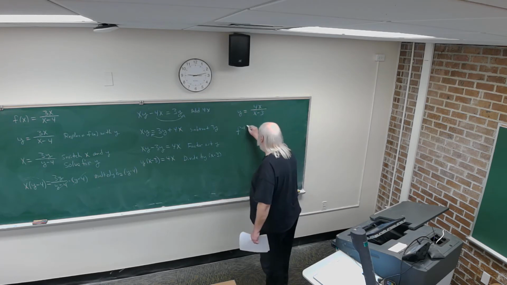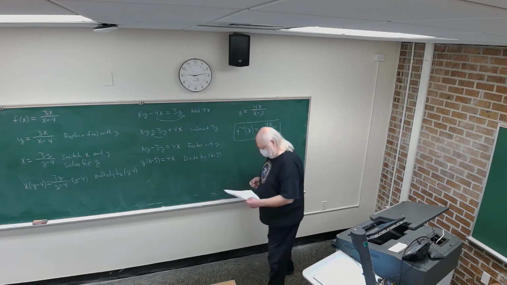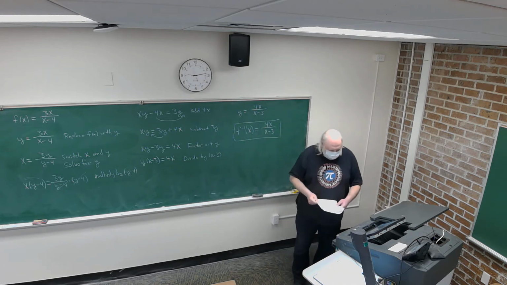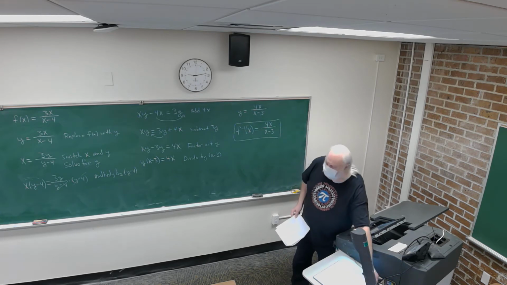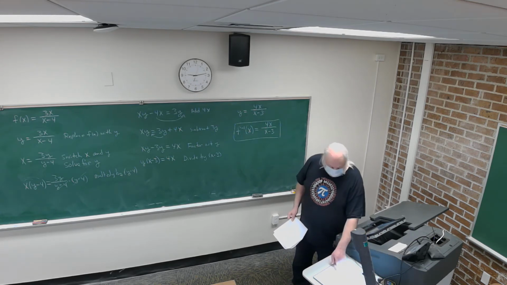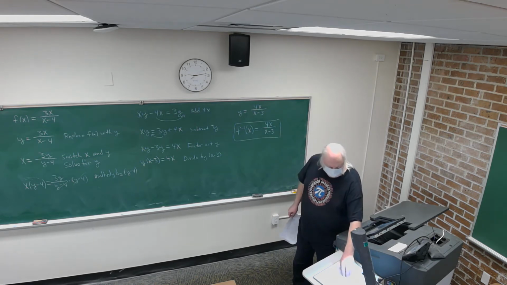So we have f inverse of x is equal to 4x over x minus 3. And that is what goes down here at the very bottom of the page, in the space. F inverse of x is equal to 4x over x minus 3.